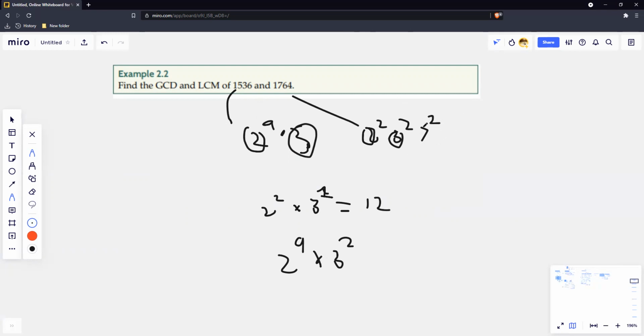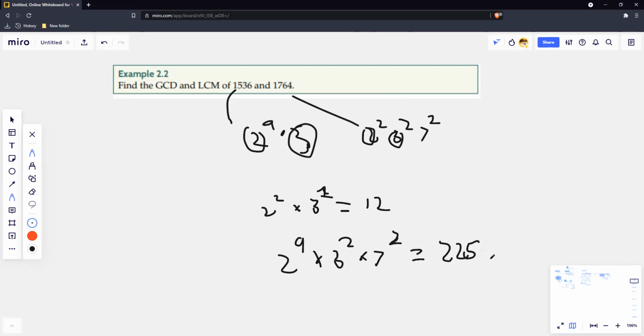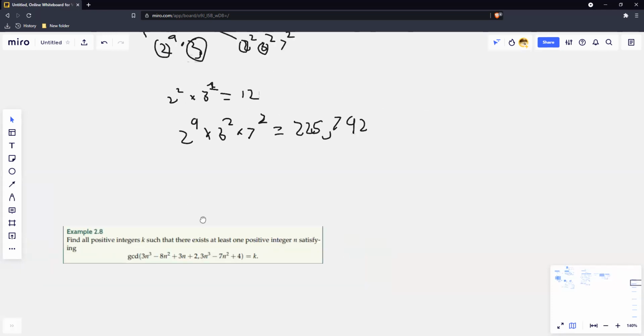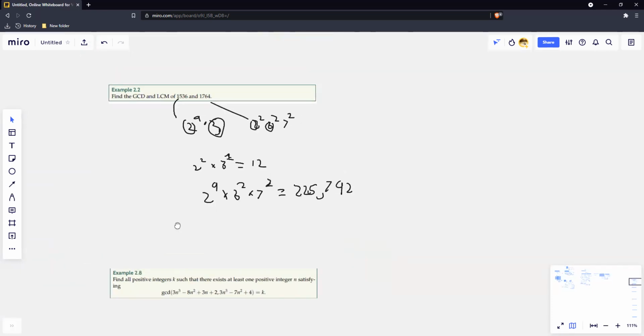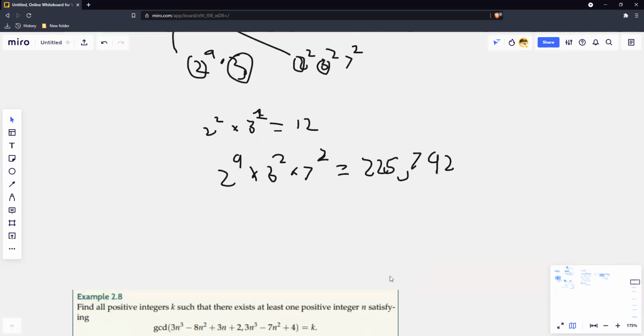We can write it down, and this is the maximum, since here it's 7 to the 0 versus 7 squared. I'll save time on the multiplication and we'll just say it's 225,792. Most math competitions won't ask questions like this, as it takes a while to multiply. They can ask you for the GCD, but the LCM will be pretty bashy to solve.